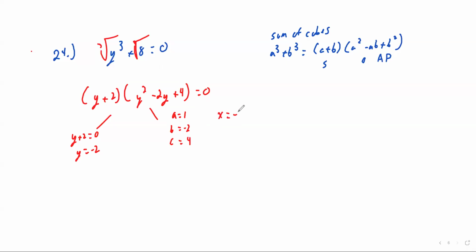So remember, the quadratic formula is negative b plus or minus square root of b squared minus 4ac, all divided by 2a.